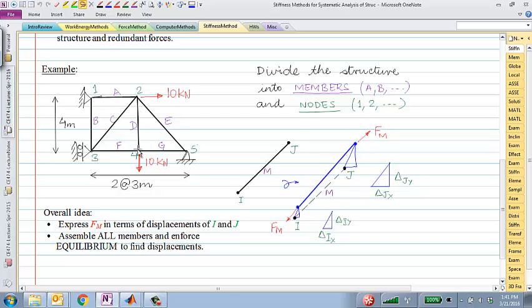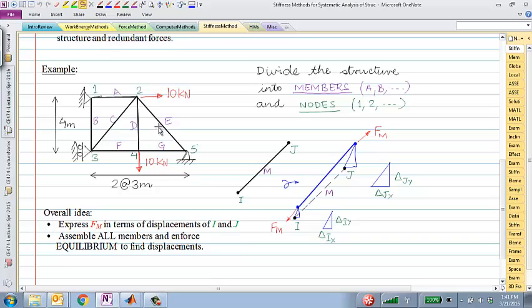By knowing how much it has extended, I will immediately know what is the internal force in that member. And if I apply that same logic for each and every member in that truss, I can finally add all the forces among all these members. So for example, at node 2, there are members A, C, D, E, all connecting to node 2.